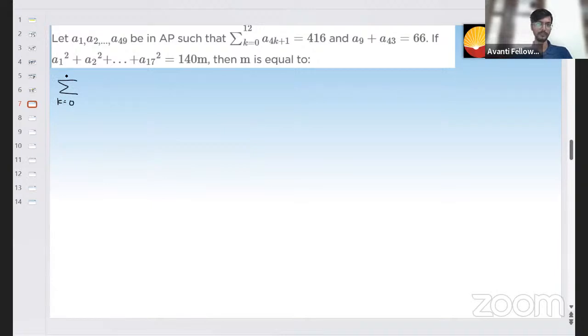Summation k equals to 0 to 12 of A of 4k plus 1 is equals to 416. Put k equals to 0, I get A1 plus dot dot dot, and at last I'll get A49.